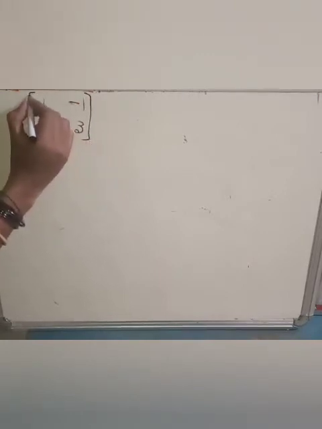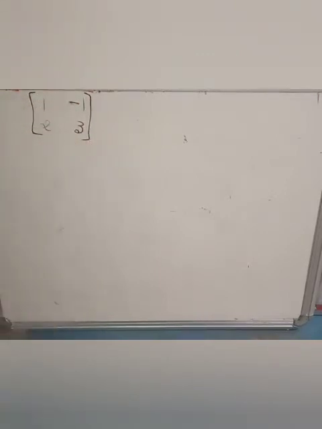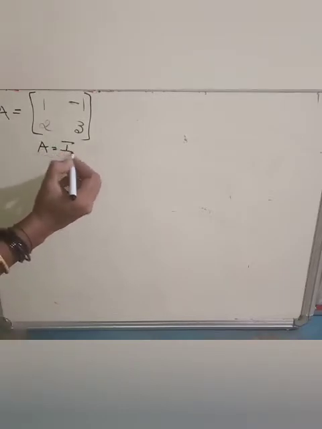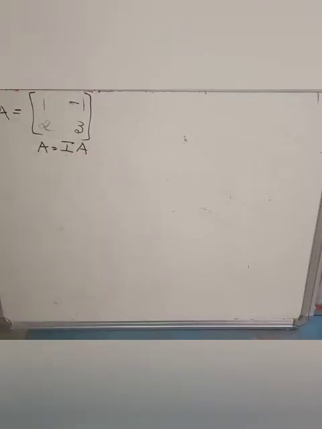We know the procedure to find the inverse of the matrix. If we are using the elementary row operation, let this be the matrix A. The first step is we write A is equal to I into A.